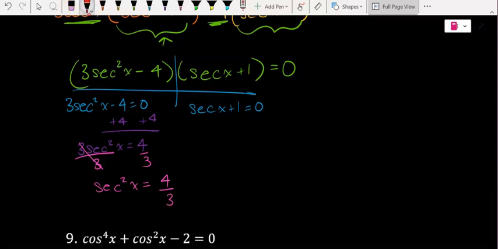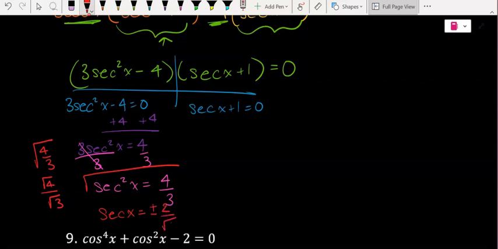And then now I've got to get rid of the squared, so I'm going to square root everything. And so that's going to get me secant x is equal to the square root of 4 thirds. That's no different than the square root of 4 divided by the square root of 3. That gets me plus or minus 2 over square root 3.